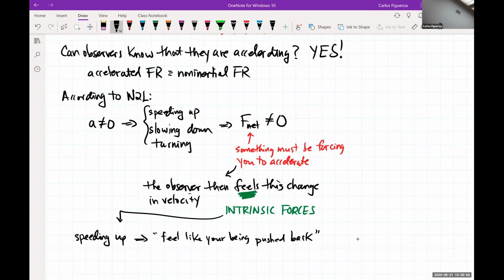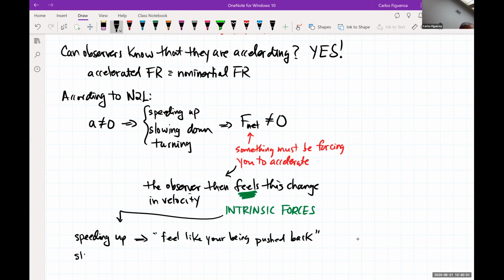If you're in an accelerating car, you feel your body going back. It feels like there's some type of force pushing on you, but there's no force. It's just that you're moving slower than the car, and the car seat has to apply a bigger force on you to speed you up.